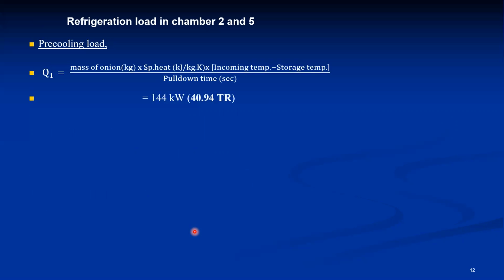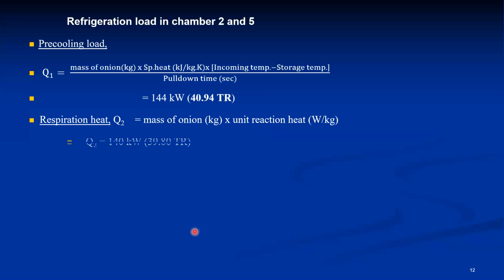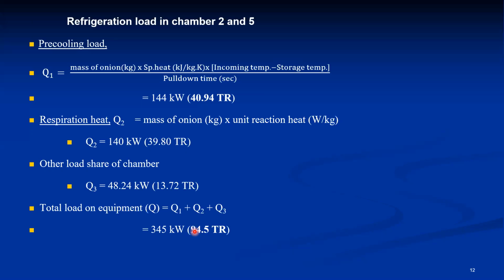For the remaining two chambers, number 2 and 5, since 300 metric ton is stored, the pre-cooling load comes to around 41 TR, and the respiration load is the same because 1400 metric ton is the load, and considering the other loads, it becomes 94 TR.